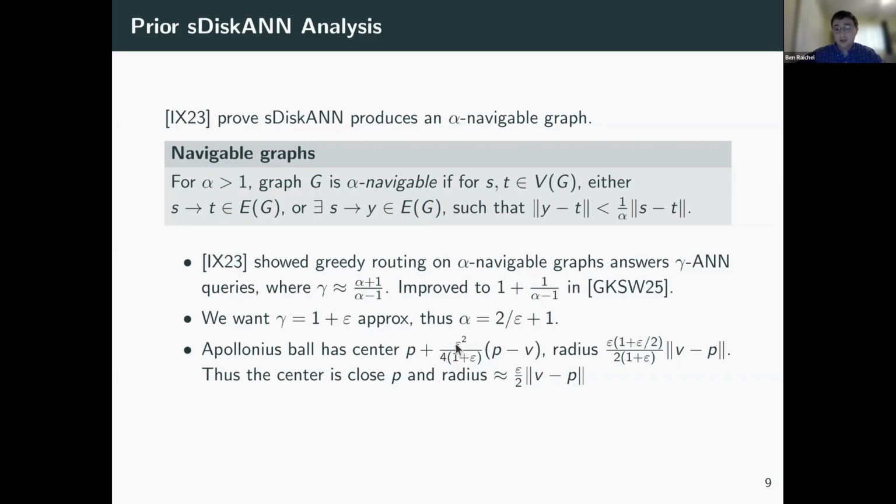This has an epsilon squared, and I'm viewing epsilon as tiny, so epsilon squared is very small and I'm going to drop this whole term. And over here, this is roughly epsilon over 2 times the distance. So intuitively this produces an Apollonius ball whose center is near P and whose radius is roughly epsilon times the distance between V and P.